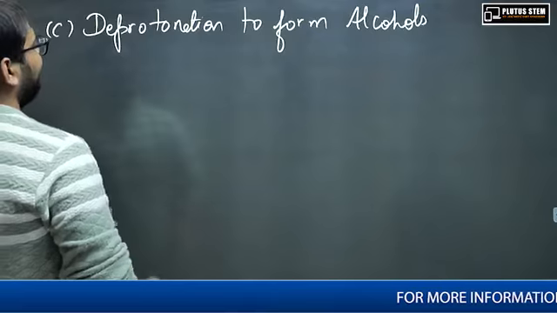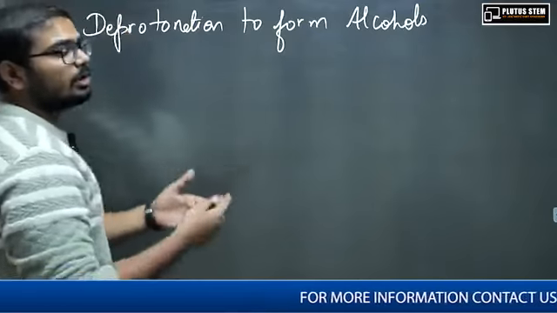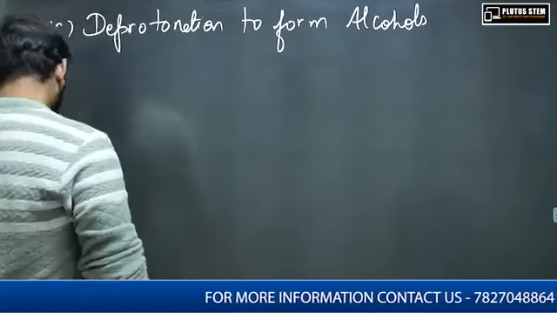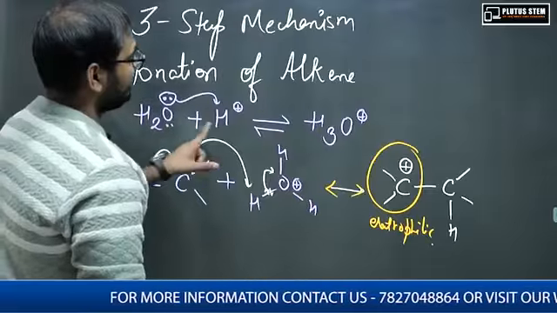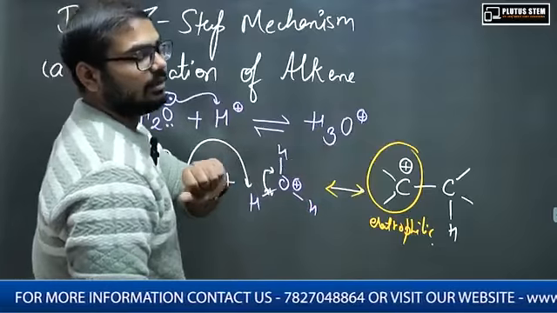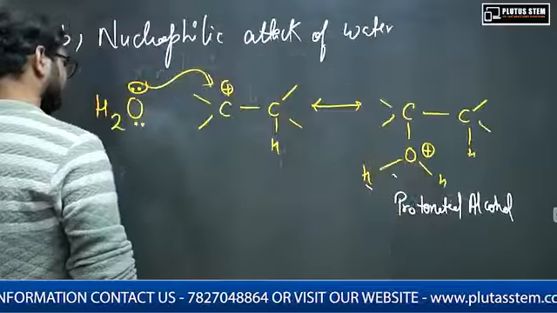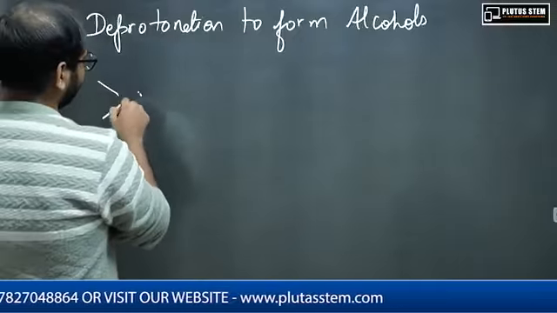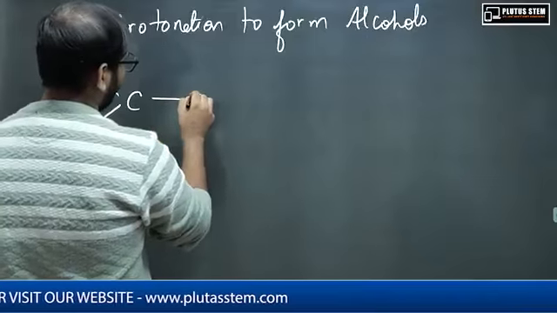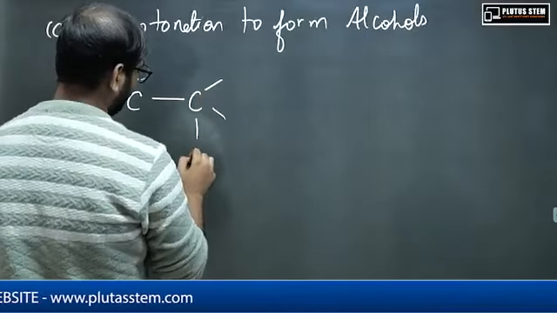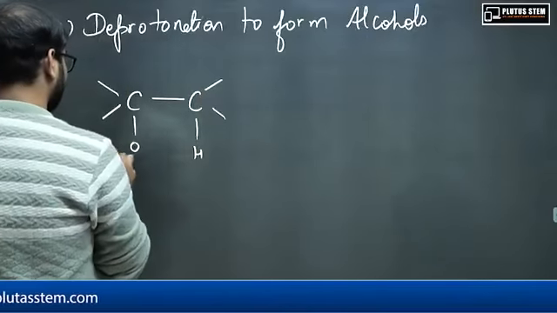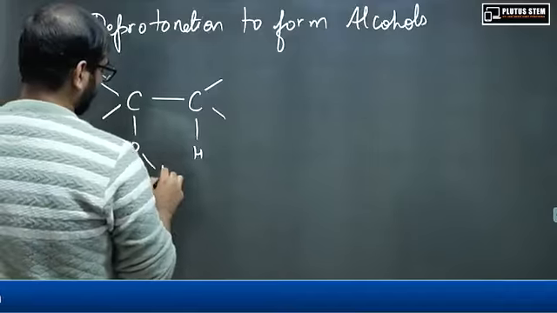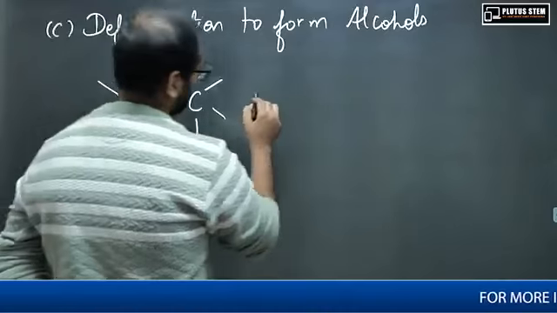So the next step that we'll have is the deprotonation, removing that extra proton which we utilized in the very start to form our hydronium ion. So in the next step, we have our molecule having an extra proton with positive charge.